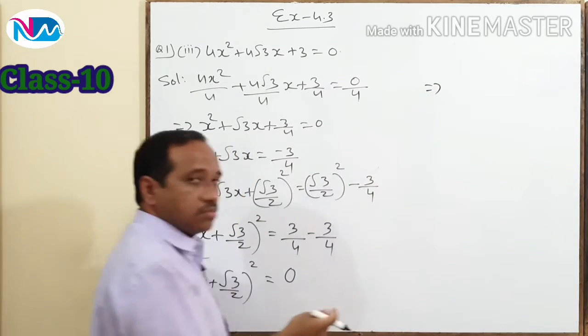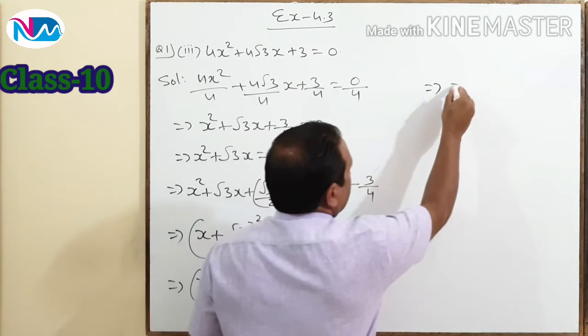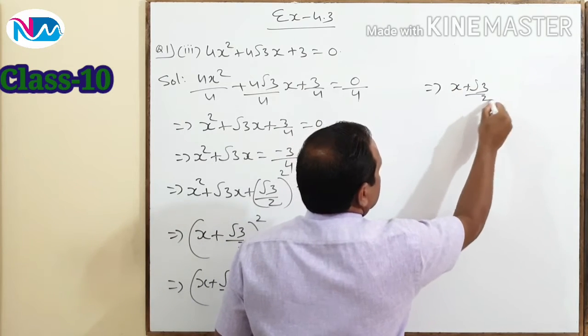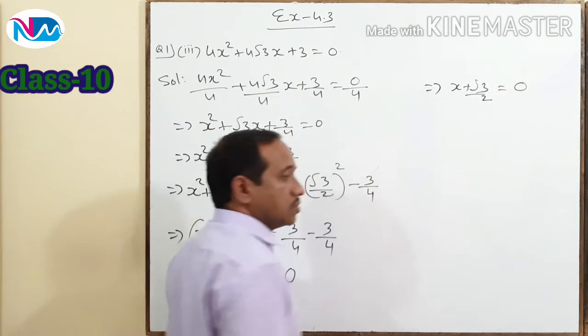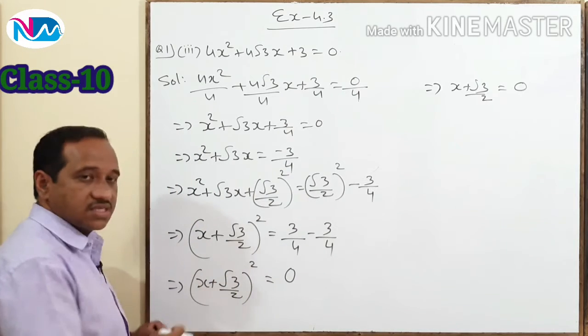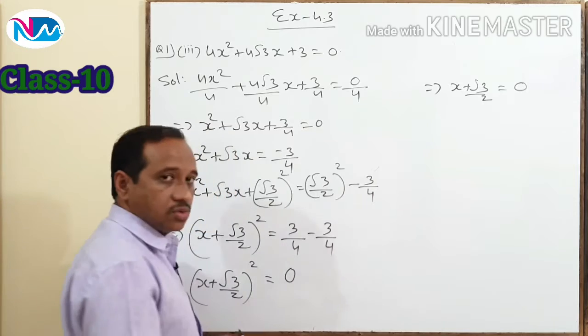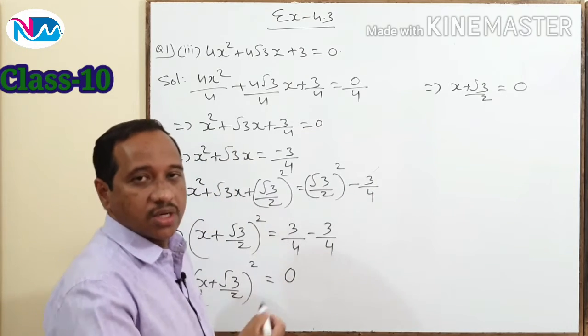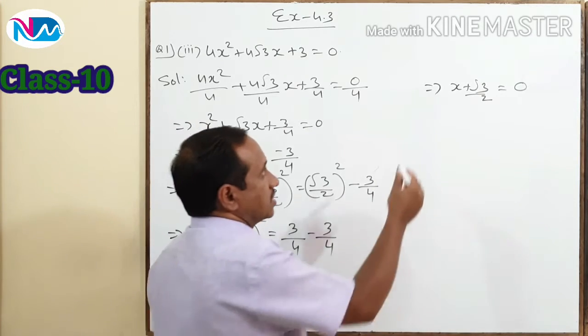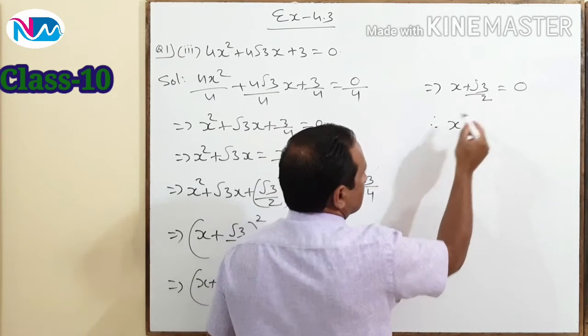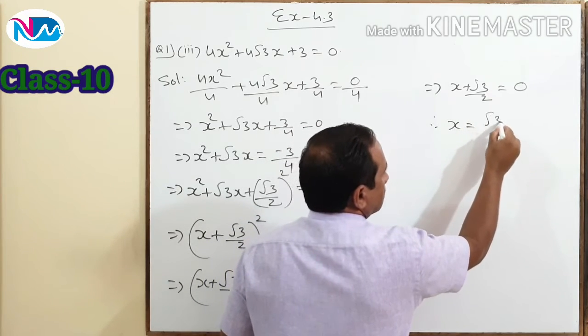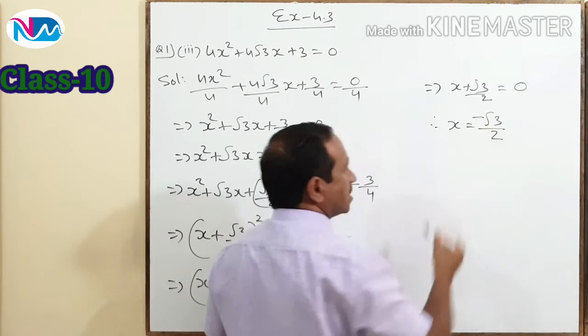Taking the square root on both the sides we get x plus root 3 by 2 is equal to 0. The LHS is a perfect square, so taking the square root we get x plus root 3 by 2. RHS is 0, square root of 0 is 0. Therefore we get x is equal to minus root 3 by 2, as plus root 3 by 2 will go as a minus.